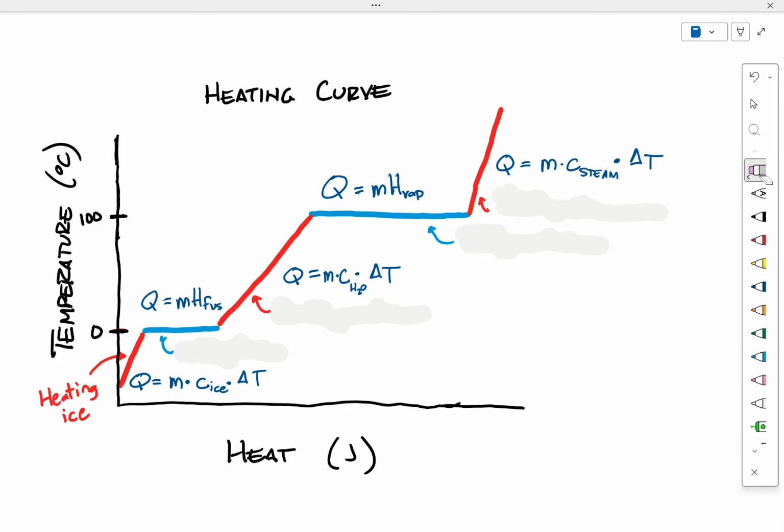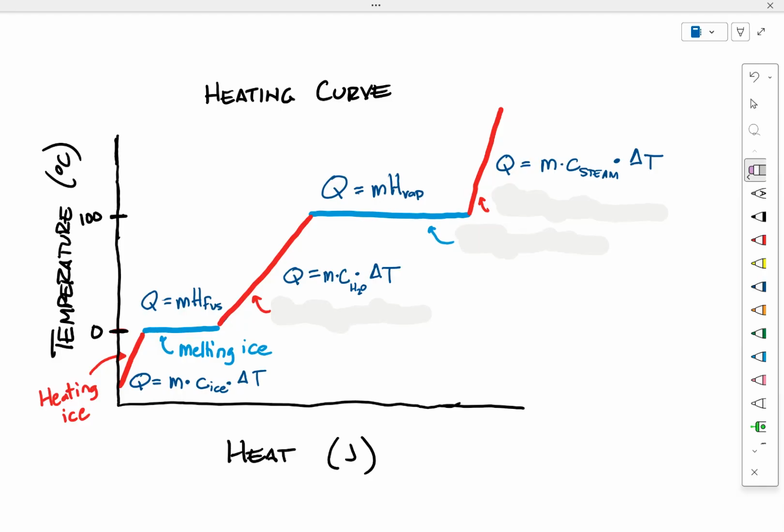In the first section, we see that ice, this is water anywhere below 0 degrees, heat is added to ice and the temperature of the ice increases. Eventually, we reach a portion on this graph where all of the ice is now at 0 degrees, so any additional heat, rather than increasing the temperature, goes into a process called fusion or melting.